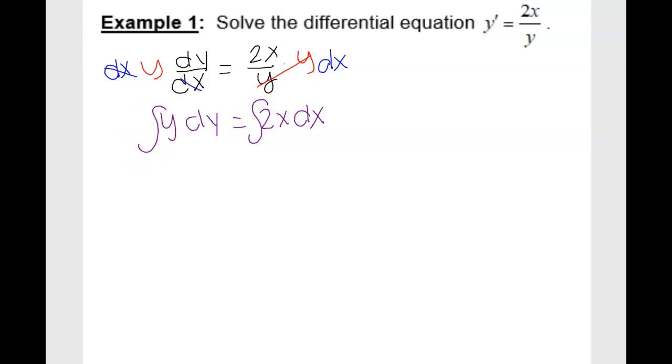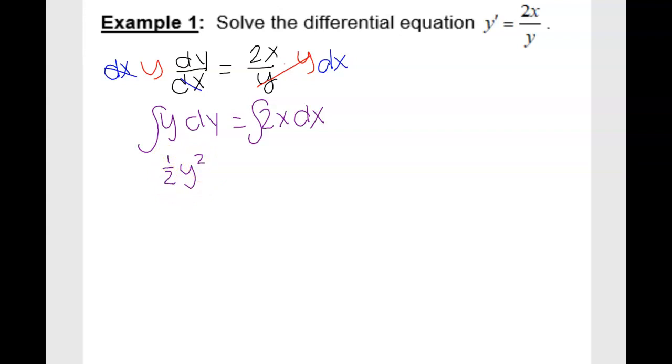Just like before, I'm going to integrate both sides. But now, because it's not just a 1 dy, it's a y dy, you have to integrate the y. So integrating y gets 1/2 y squared.